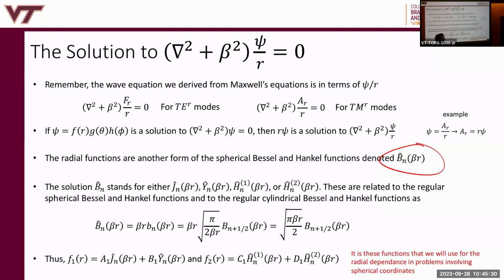And F2 is H_n hat 1 and H_n hat 2. They're just related to the solutions that we derived on the last slide, the spherical ones are multiplied by R, and we know that the spherical ones are related to the cylindrical ones without the hat through this expansion, half-integer order and that. Now we add the beta R. All right, a lot to take in.